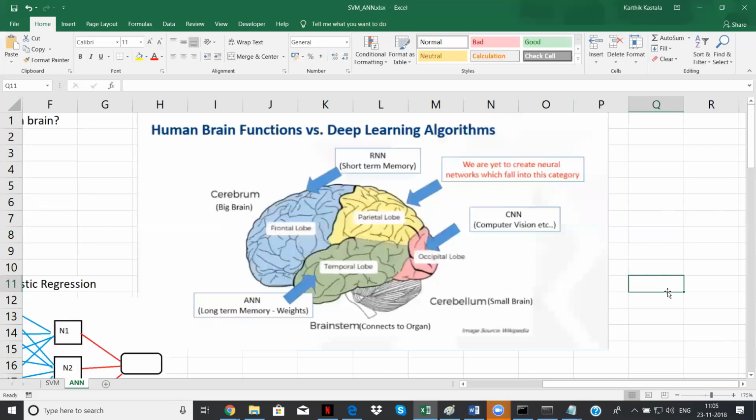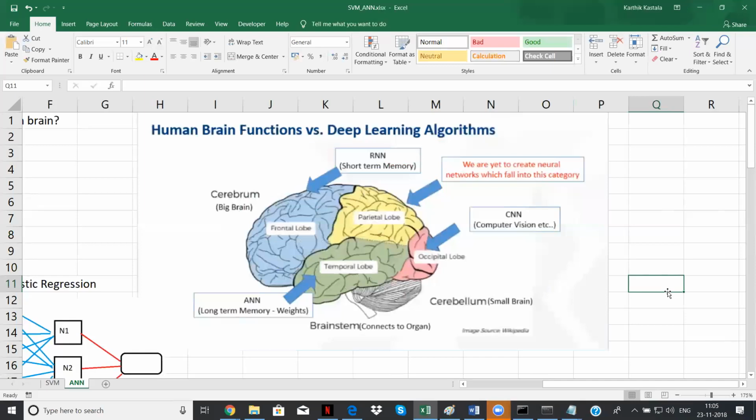CNN completely mimics how your optical lobe works. How do you process pixels? What kind of data does your brain process? When I see a color, why would I say that color is red, blue, or green? Your brain is processing all the pixels, pixel densities, and that is how it comes up with a conclusion and classifies them into a color.